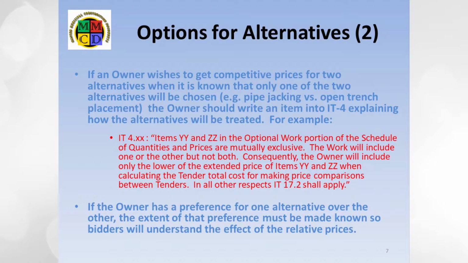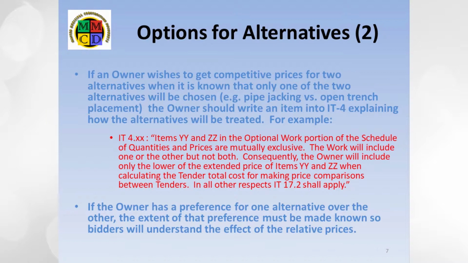When an owner knows that only one of 2 alternatives will be chosen, the owner simply needs to state that and how the choice will be made. This is done by writing a new item into the instruction to tenderers number 4. For example, IT 4.XX, items YY and ZZ in the optional work portion of the schedule of quantities and prices are mutually exclusive.